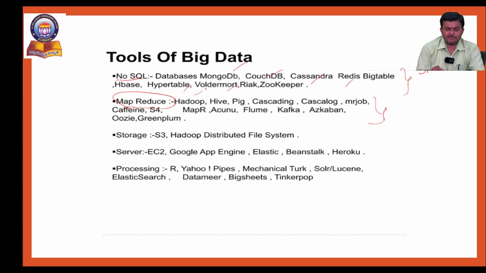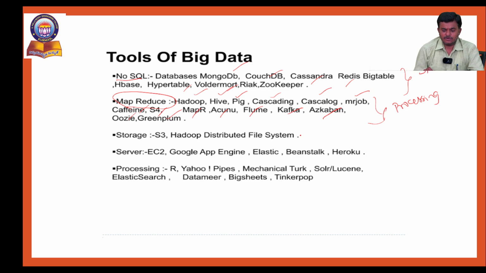That is a part of Hadoop, and there are several other tools in Hadoop. We call it the Hadoop ecosystem. Some of them are Hive, Pig, Cascading, Cascalog, Mahout, Kafka, Flume, Azkaban, Oozie, and Greenplum. These are used for processing the big data.